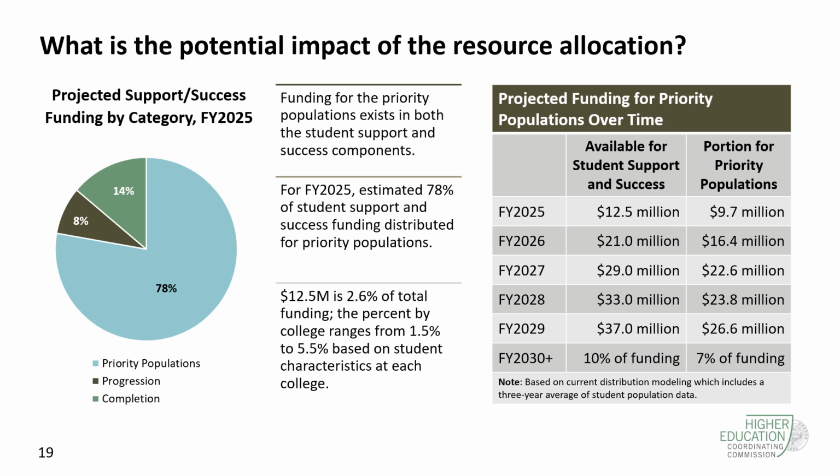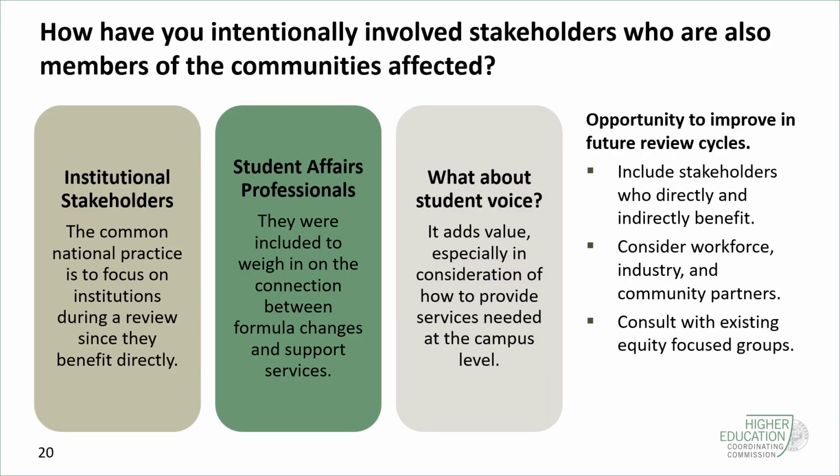So this potential impact on the resource allocation is very important. One of the other key questions in the Equity Impact Protocol was, how have you intentionally involved stakeholders who are also members of the communities affected? And this was really interesting because of the indirect nature of the funding formula.